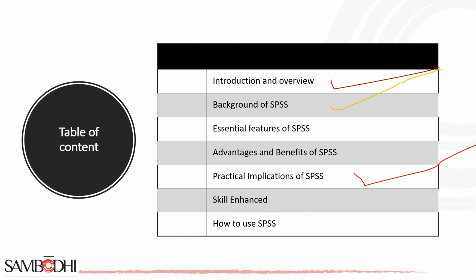Further, when we talk about how to use SPSS, we'll talk about the various steps through which we can use SPSS. Because we can't directly jump into SPSS. We first have to make an Excel file, or you can say a CSV file, and there is a proper way to prepare that file. And further, we have to import that Excel file into SPSS.